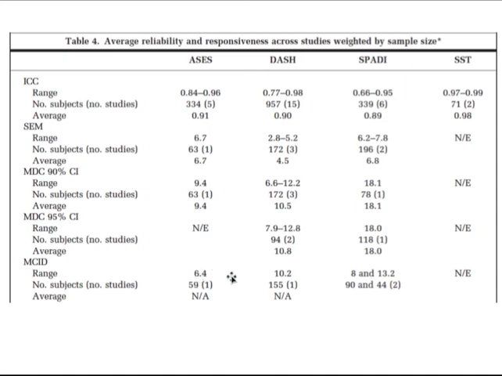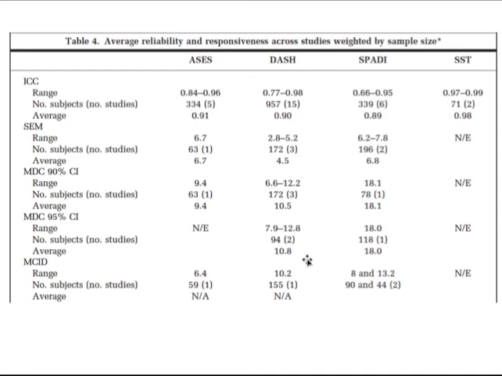So what we can conclude from this is basically all three tests have adequate measurement properties to be used for data collection. With the SST really needs more development. There's clearly a lot of information we don't know about how to interpret that test. So a better choice would be the ASCS, the DASH, or the SPADI.